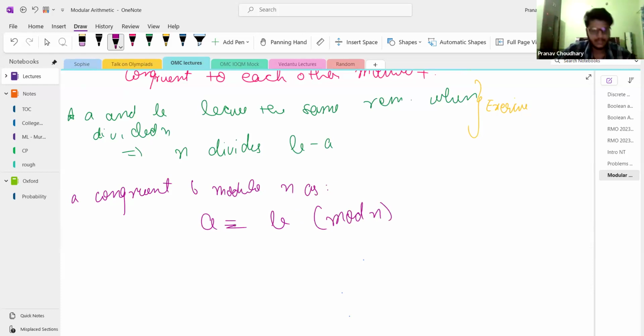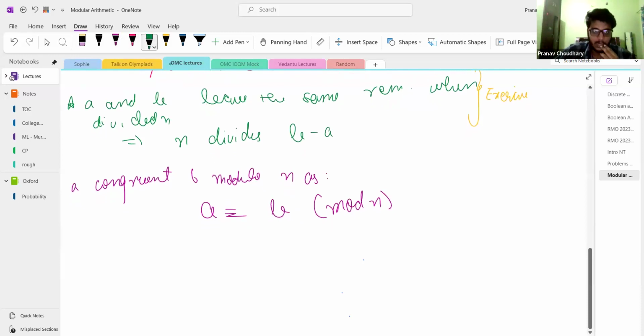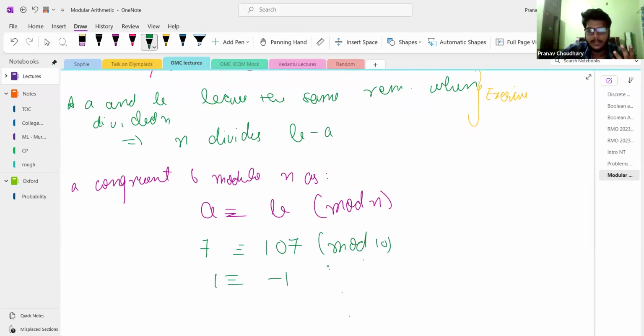These are three straight lines. So I have, let's say, 7 is congruent to 107 mod 10. 1 is congruent to minus 1 mod 2. 28 is congruent to minus 7, oh, this seems wrong. Okay, that's fine, mod 5.